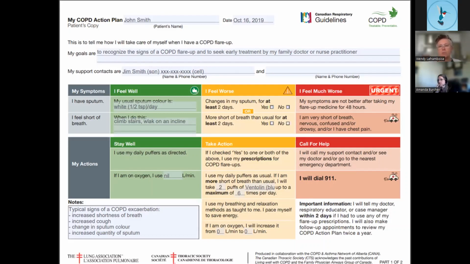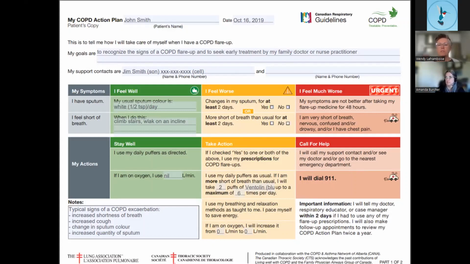If they don't have a prescription on hold at the pharmacy or at home, we encourage them to reach out to their primary care provider or respirologist early to get a prescription to manage that exacerbation to avoid hospitalization. In addition to that, we encourage them to increase their Ventolin, use their relaxation breathing techniques, and they may or may not be increasing oxygen. Oxygen, typically we want them to be between 88 to 92%.